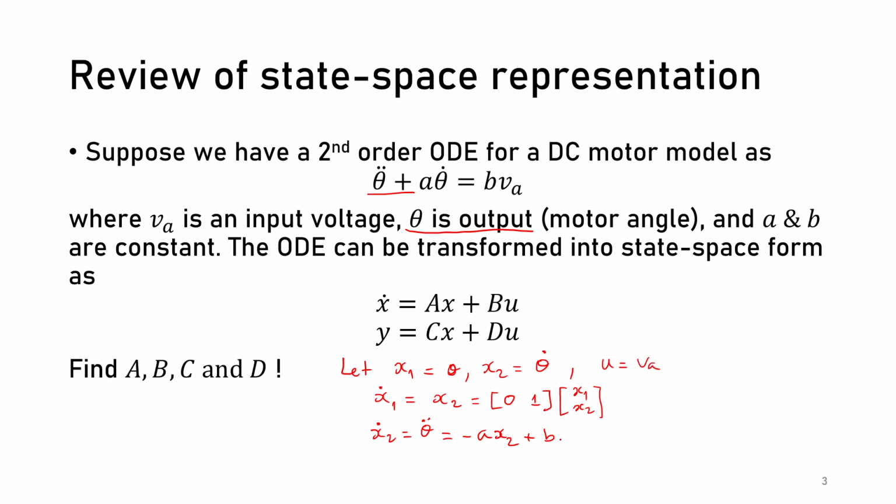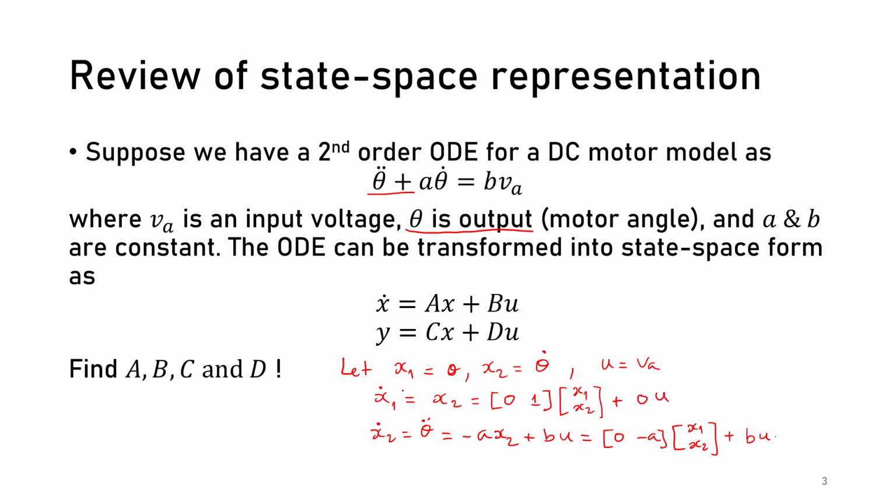So here we can have b times u, and because there's no h1, you can write 0, minus a times h1 and h2, right? Plus b here, still b u.